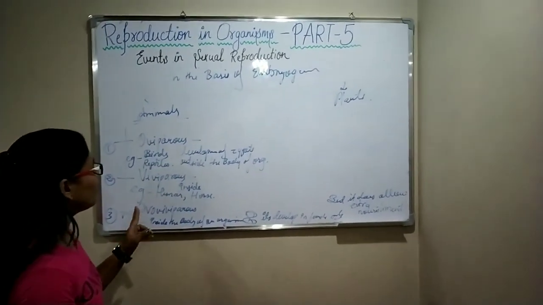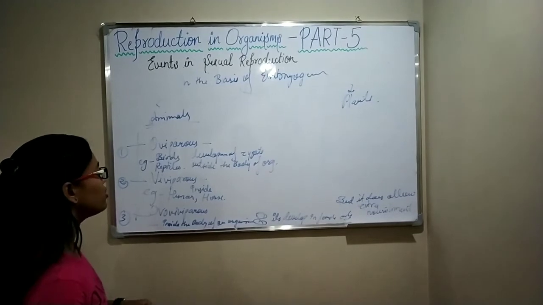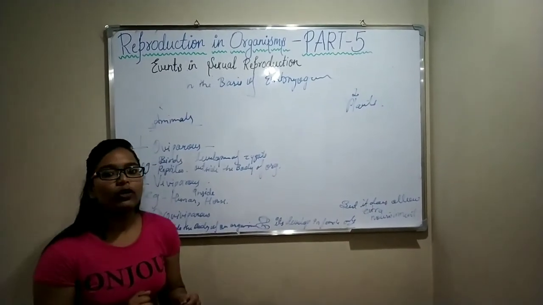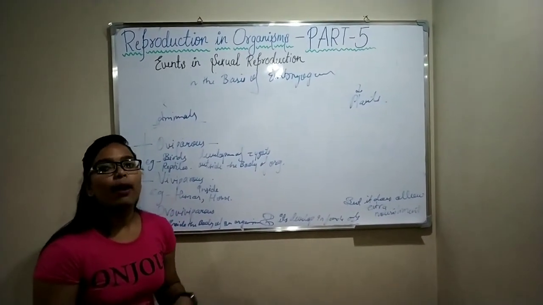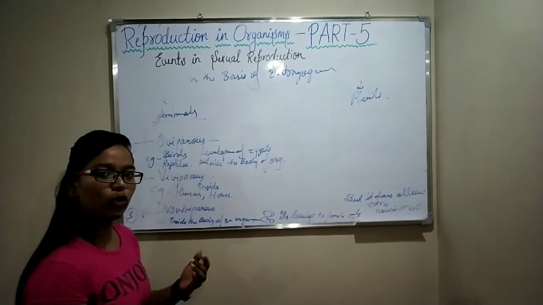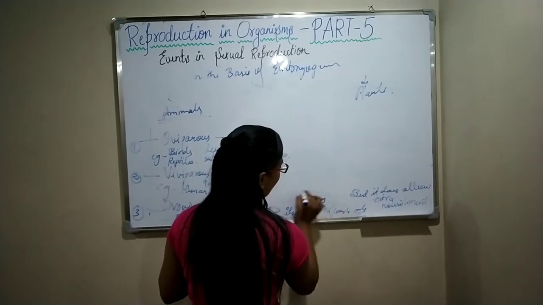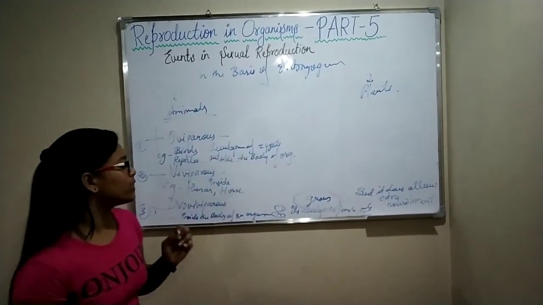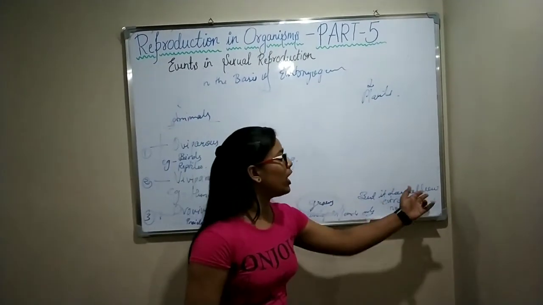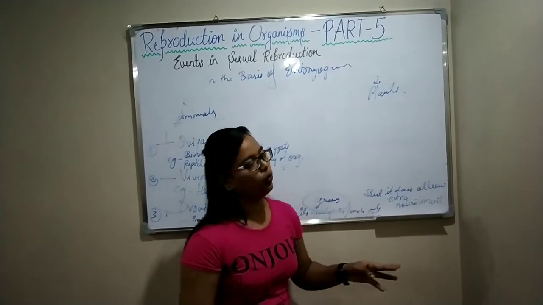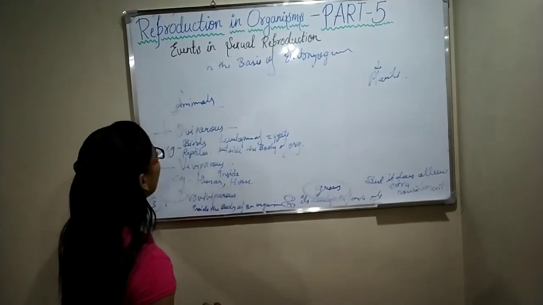In ovoviviparous, development of the zygote also occurs inside the female body and it grows there, but the difference is it does not allow extra nourishment for the embryo. So this is about animals.